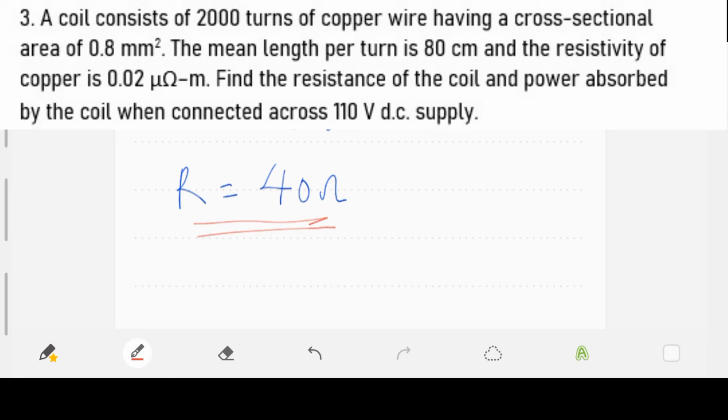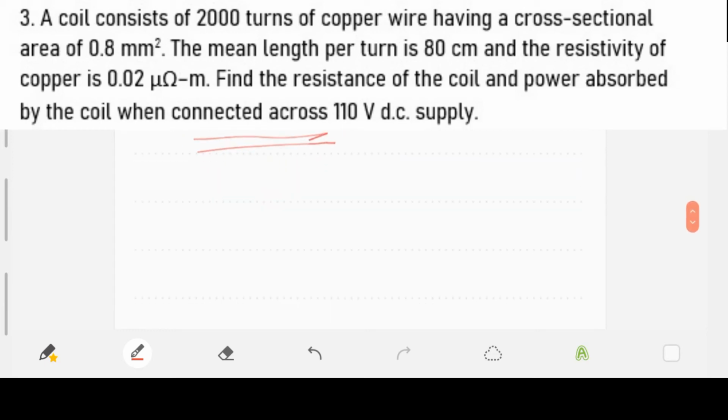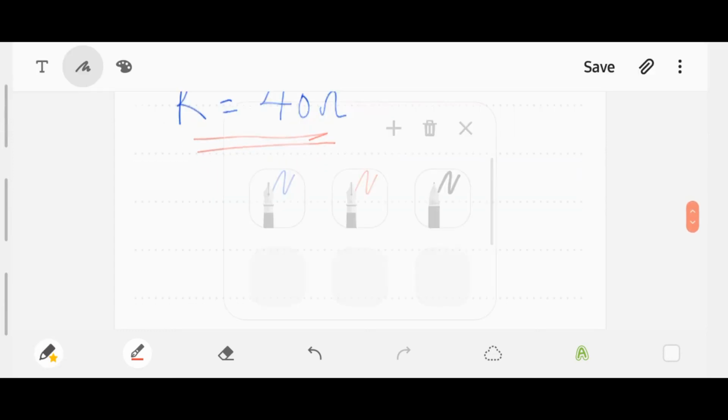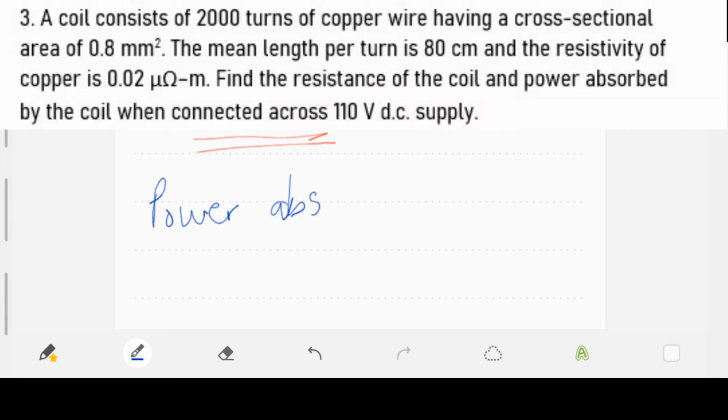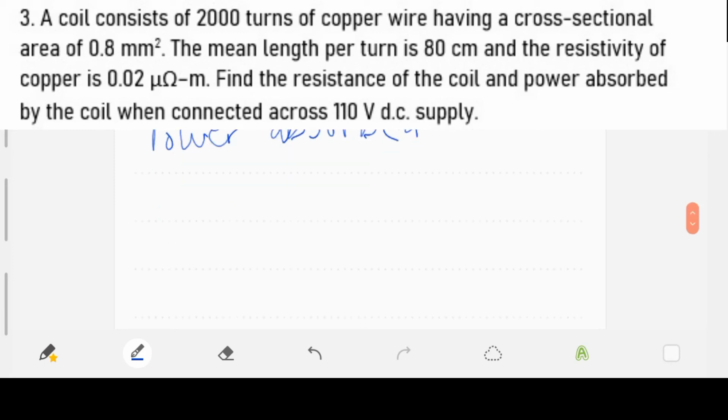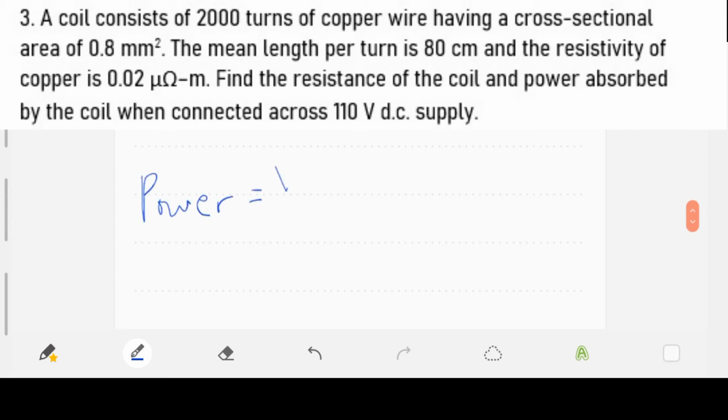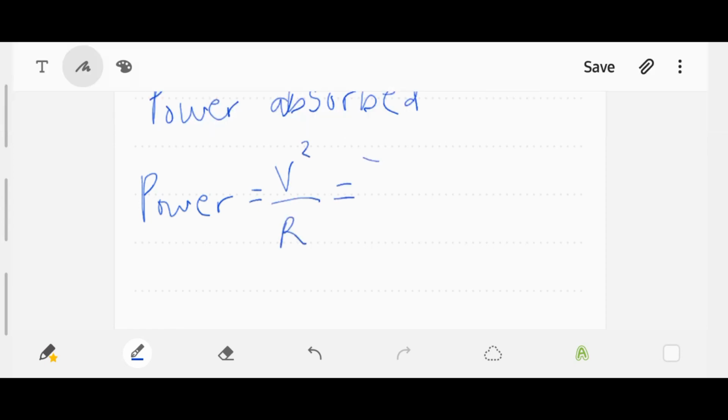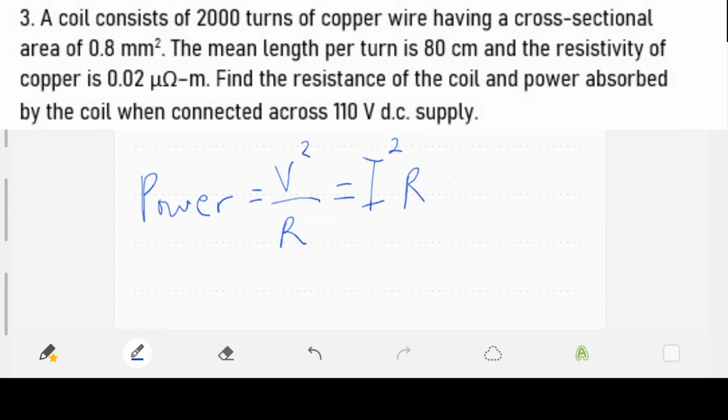So now the second part, we're asked to find the power absorbed. So now power absorbed, from our normal power formula, we know that power is equals to V square all over R, is equals to I square R, and is equals to IV.